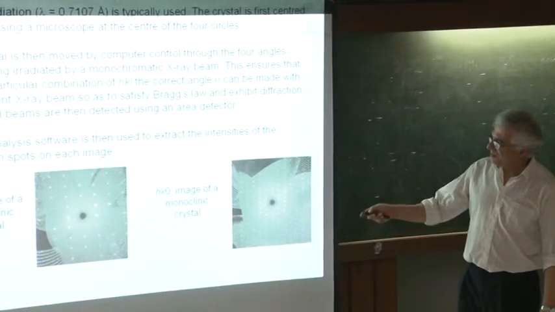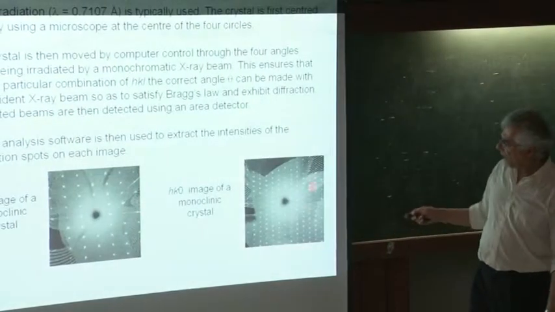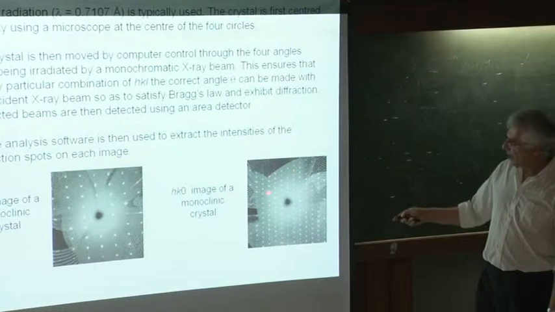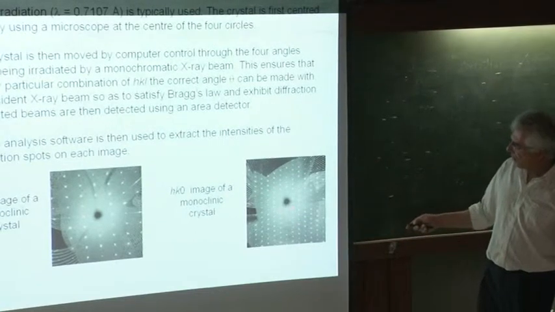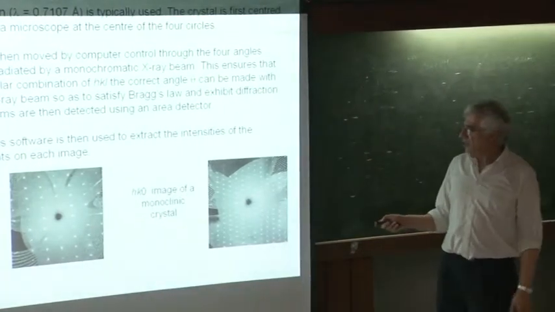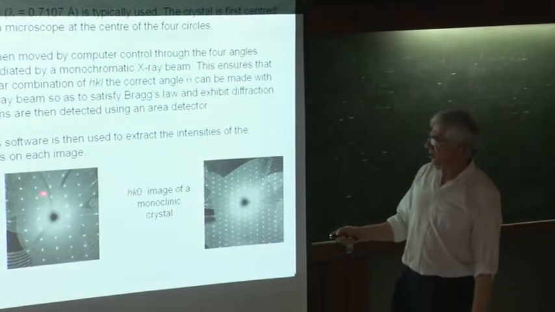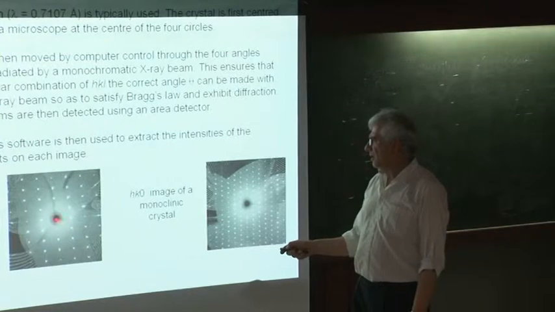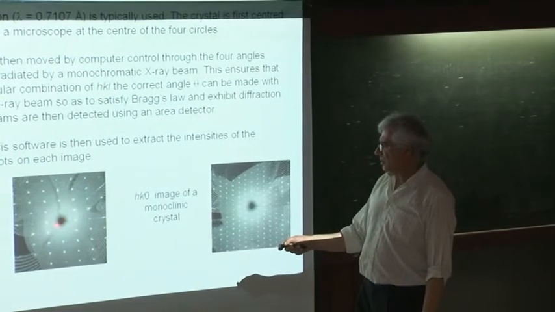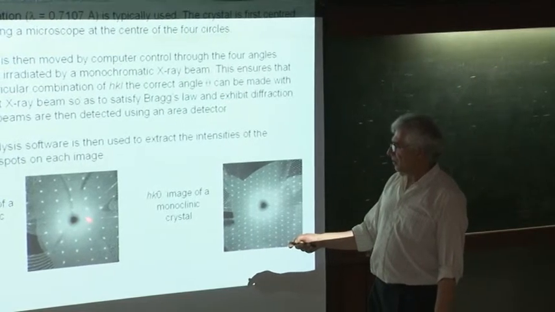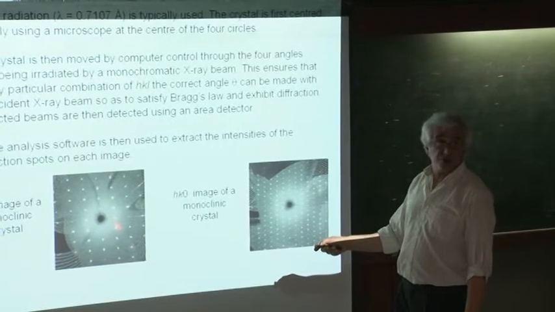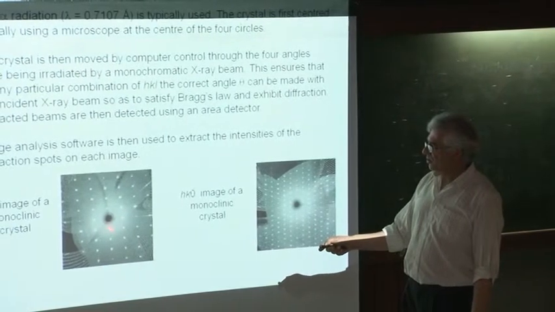These are the kinds of images you get. HOL is HKO for a monoclinic crystal, and you get lots of reflections at the same time. I'm not sure which is H and which is L in this direction, but this might be 1, 0, 0, for example, and this one would be 0, 0, 1.